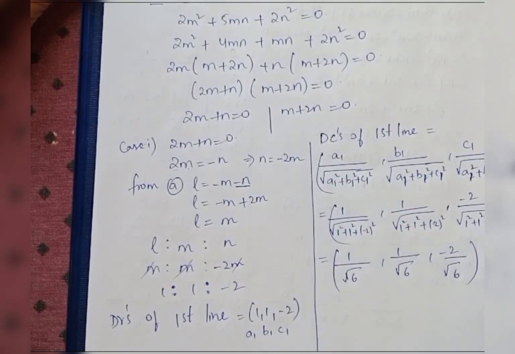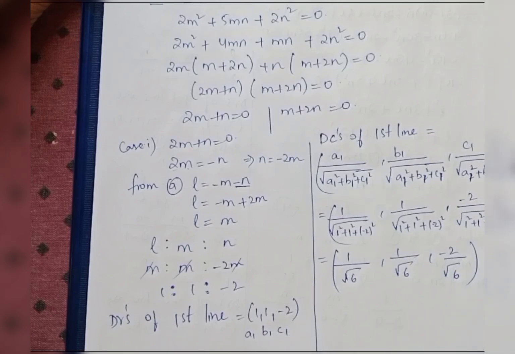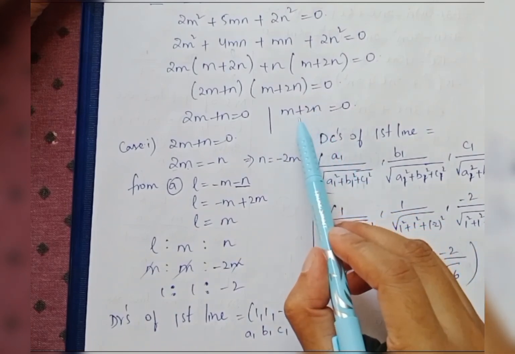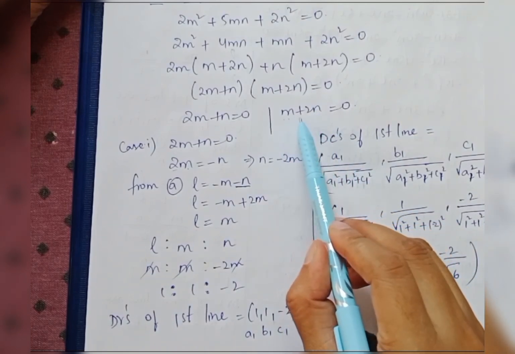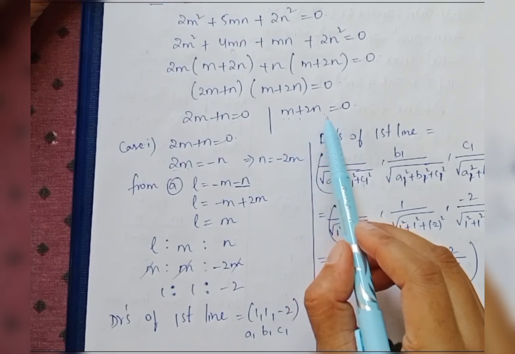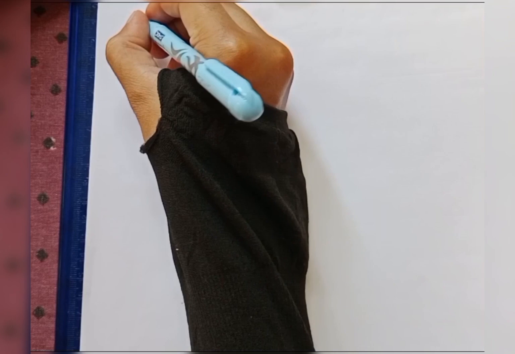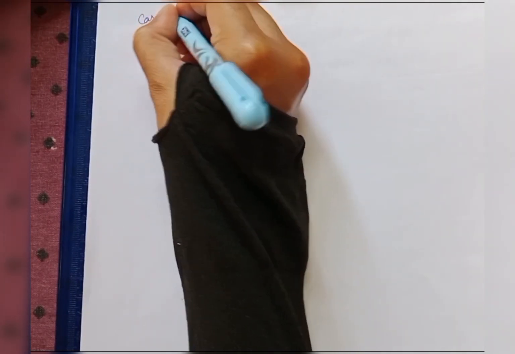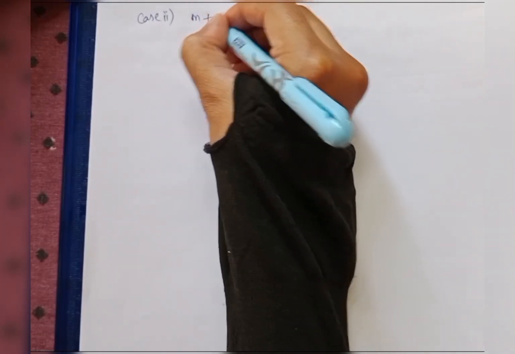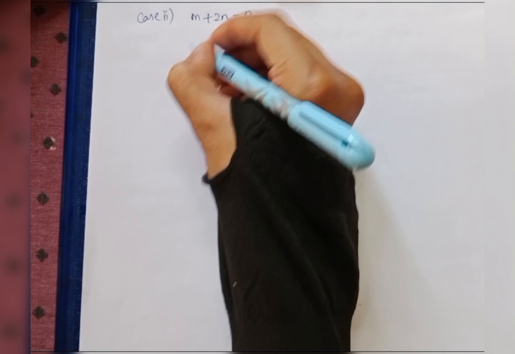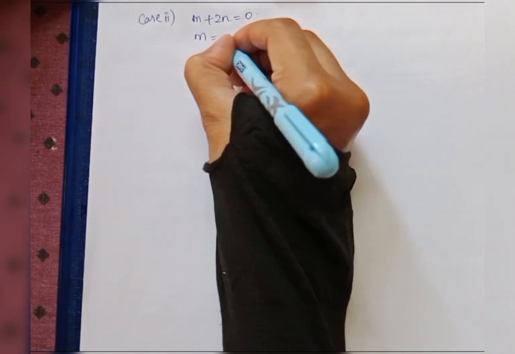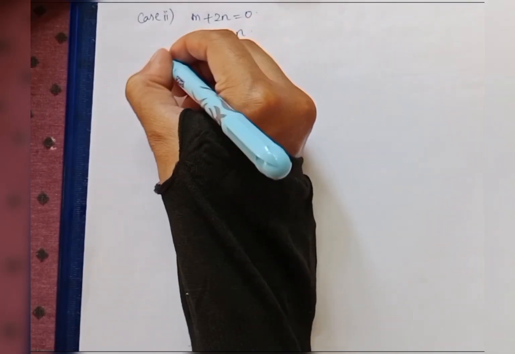Now similarly we need to solve for equation 2, m plus 2n, that will be our case 2. Case 2 is m plus 2n equals 0. From here we get the value of m is equal to minus 2n.